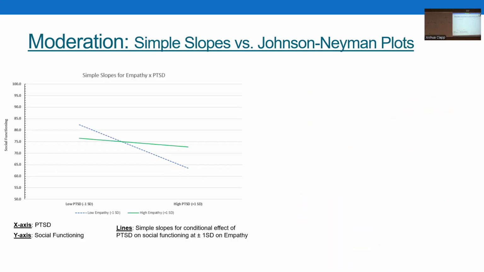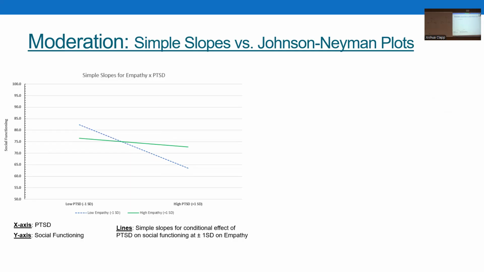If I were to go through and do this, this is taking a former student's thesis, looking at the unique effect of PTSD on social functioning at differing levels of empathy. If we take a look at my simple slopes, this is what it looks like. Here's the expected effect of PTSD on functioning at low levels of empathy and at high levels of empathy.